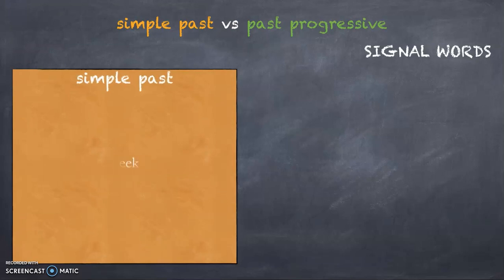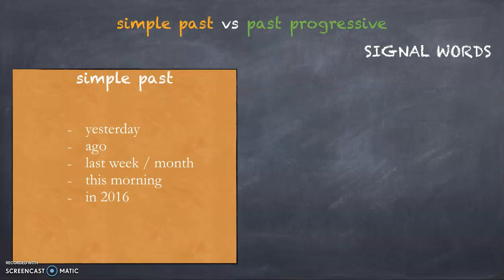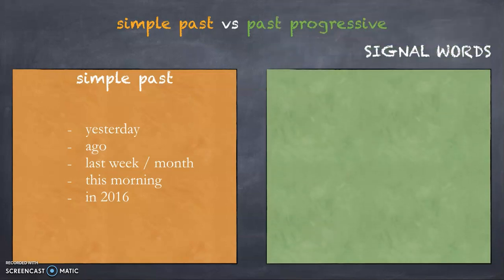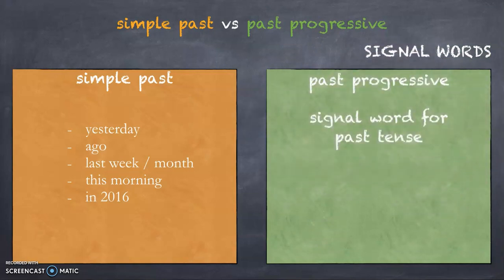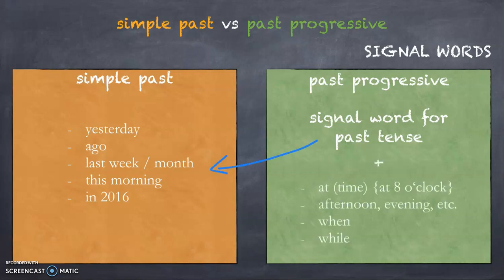The simple past has the following signal words. All those words signal that it's over, it's finished, and then you have to use the simple past. When we have a look at the past progressive, it's slightly different because we have the same signal words as we have for the simple past, but we also have others that make clear that we have a specific moment, like at 8 o'clock, like in the afternoon, like when or while.